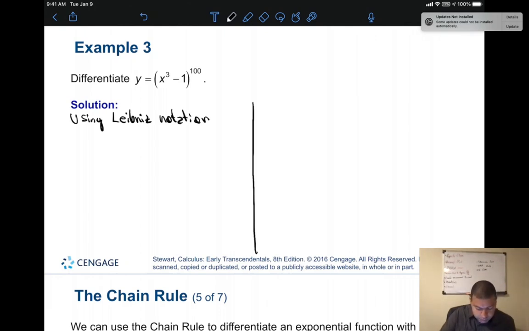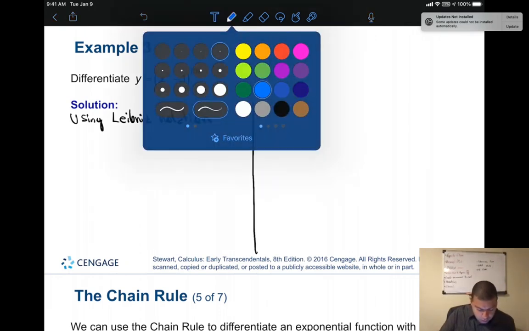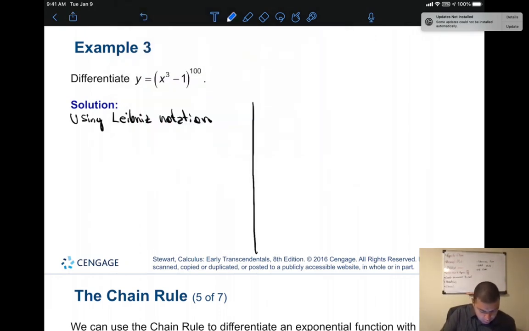Just so you're aware that we're using Leibniz notation, I'll call u equals x cubed minus 1, right? Which is the inside thing, right? And then that gives me y equal to u to the 100th power, right?